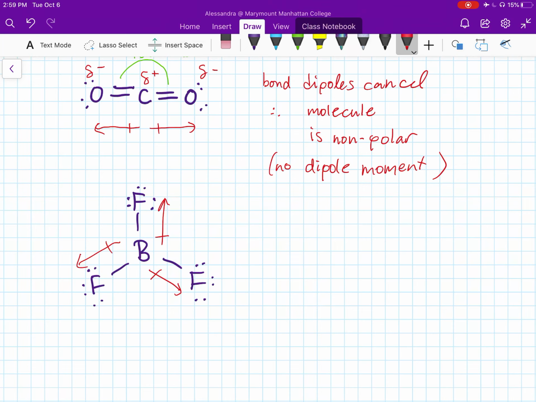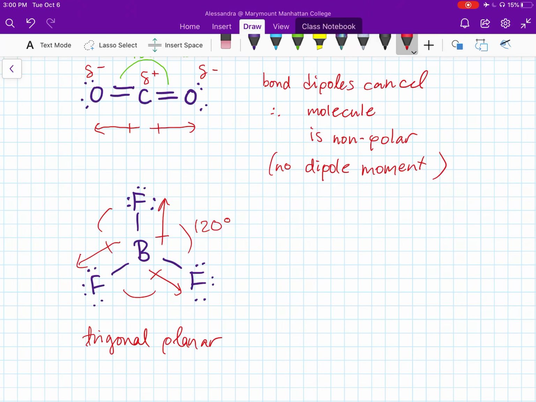So now we need to think about the geometry of this molecule. The substituent number around boron is 3. So this is going to be an example of a trigonal planar geometry. It's going to be a flat molecule, and all of the bond angles are going to be 120 degrees. So that means, imagine adding these vectors.